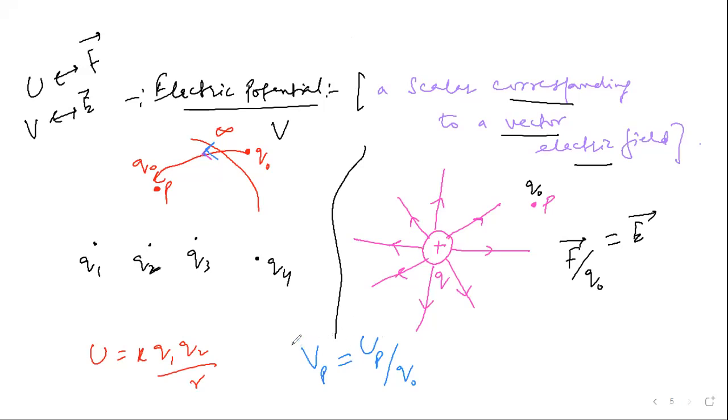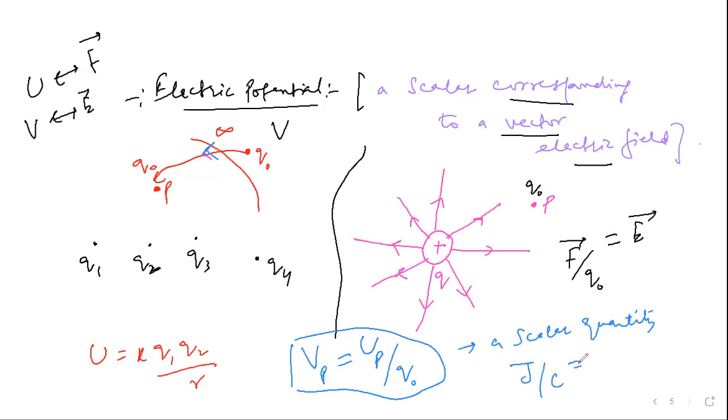So electric potential is defined this way. It is a scalar quantity. It has unit of joule per coulomb, which is called volt. 1 joule per coulomb is 1 volt.